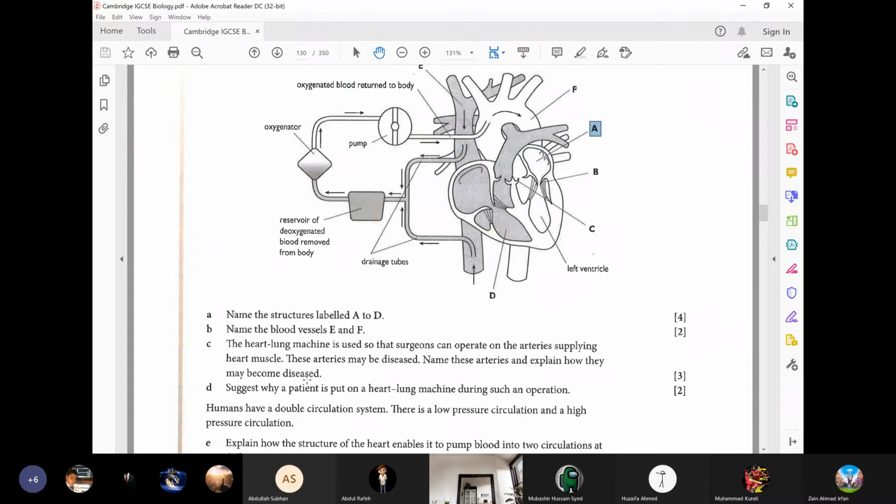Yes, boys. First of all, what is the name of the arteries of the heart? Coronary arteries. Very good answer. They are the coronary arteries. Now, second question: how do they become diseased? They could be damaged. There could be a clot over there.